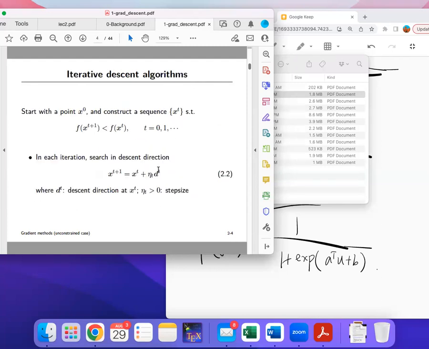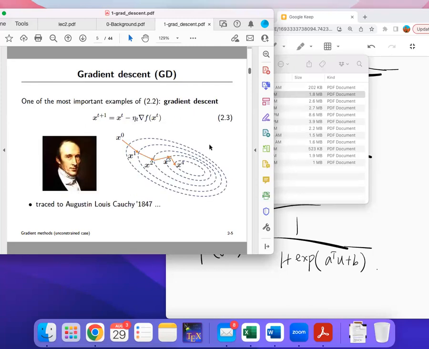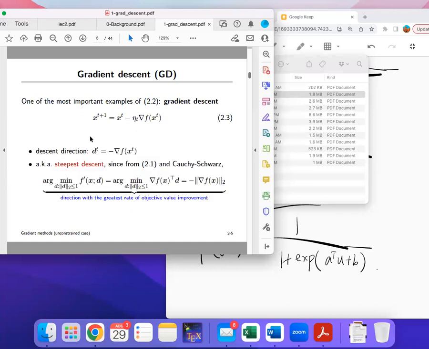Remember, this is the abstract update rule we're talking about. So compare this one with the gradient descent. We know that the descent direction is the negative gradient.